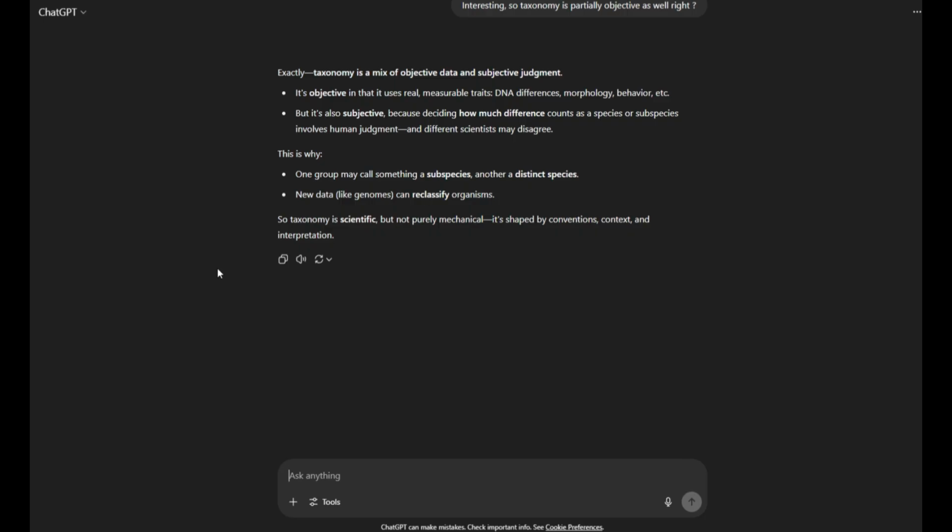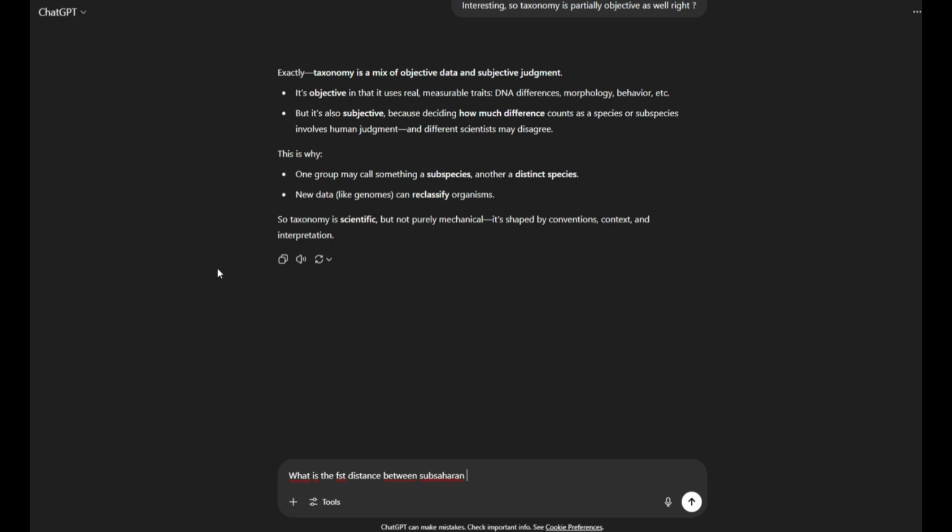This is why one group may call something a subspecies, another a distinct species. New data, like genomes, can reclassify organisms. So taxonomy is scientific, but not purely mechanical. It's shaped by conventions, context, and interpretation.